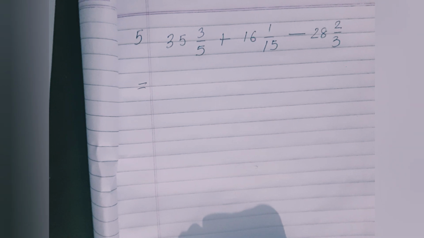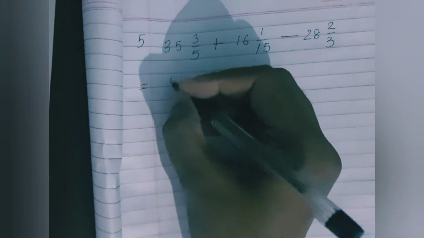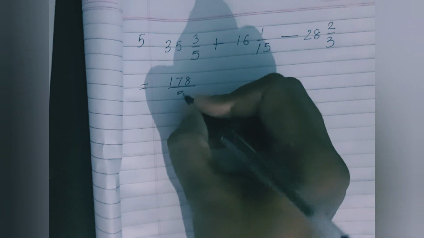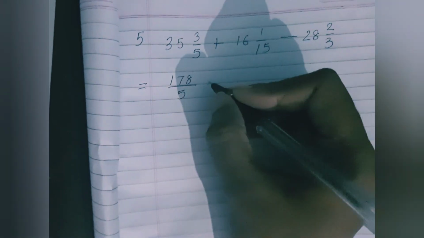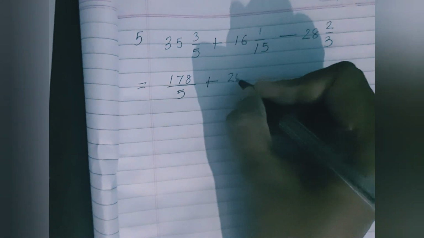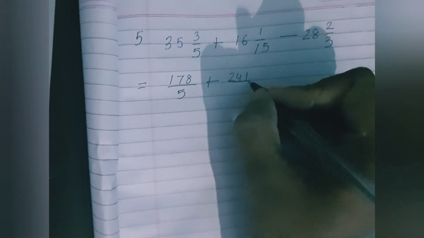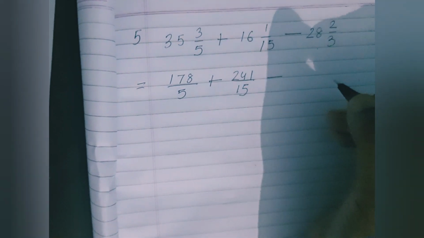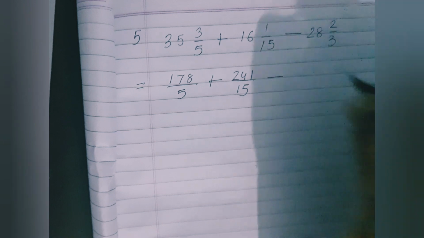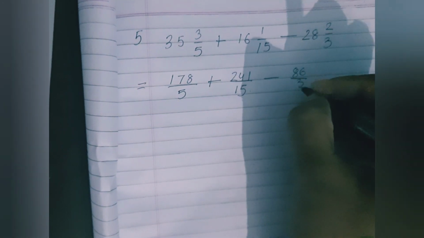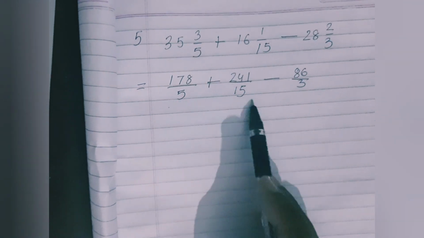So 35 whole 3 upon 5 will come 178 upon 5. When you change 16 whole 1 upon 15, it will come 241 upon 15. And 28 whole 2 upon 3 will come 86 upon 3. Now first you will add these two.